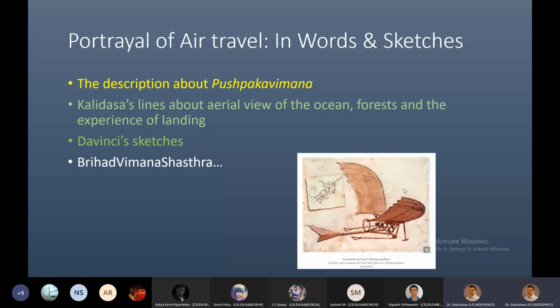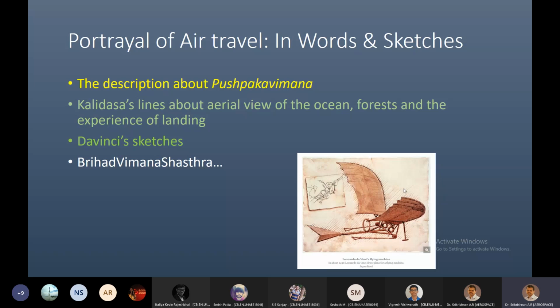In fact, in Valmiki Ramayana, one full chapter is devoted to explaining what Pushpaka Vimana is about, the look and feel of it, the capabilities of it, what you can see inside it, not how it works, obviously, but what the facilities inside are, etc. So it's all reflective of the human imagination or understanding about the feasibility of flying.